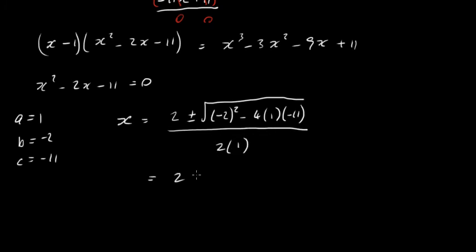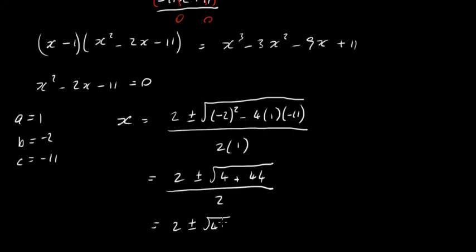So when you do this, you get 2 plus or minus the square root of 4, minus 2 squared is 4. Minus times minus is plus, and then 4 times 11 is 44. All of that is over 2, and when you do that, you get 2 plus or minus the square root of 48 over 2.